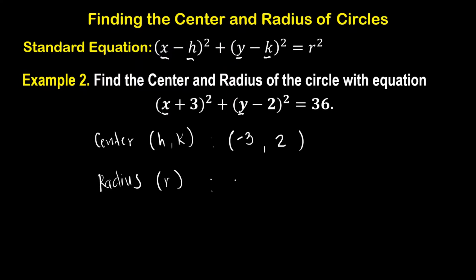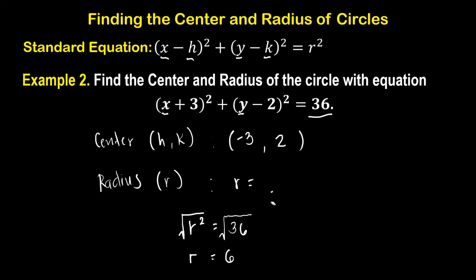Now for our radius, which is our r, we need to find the value of r. We know that from our given standard equation, r squared is equal to 36. So to solve for r, we need to get the square root of both sides. The square root of r squared is r, and the square root of 36 is equal to 6.